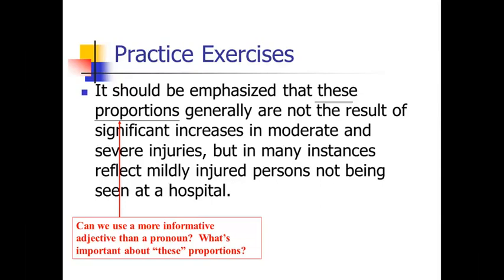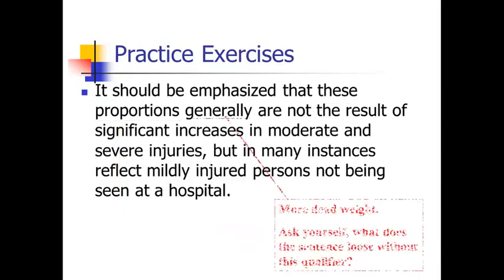So for example, I'm going to use "shifting proportions," because that reflects back what was in the earlier sentence about the fact that we have some kind of shift in the proportion of moderate and severe injuries versus mild injuries. Then we keep going along here and we get to an adverb, "generally." Again, adverbs are generally dead weight, so you want to go ahead and nix them. Read the sentence without it. Almost always, you'll see that you actually don't need it. If you get rid of it, you'll see it's really unnecessary.